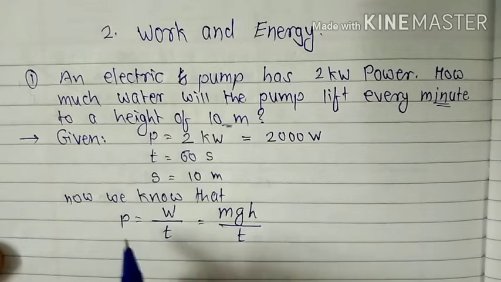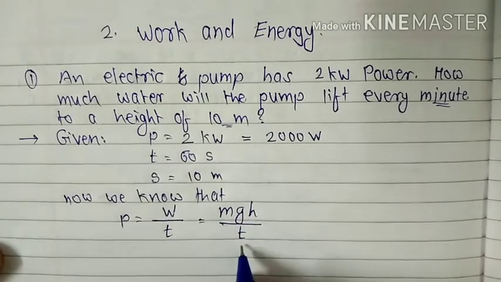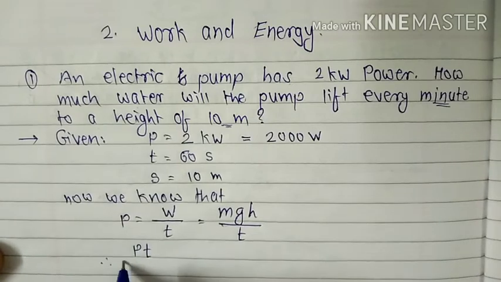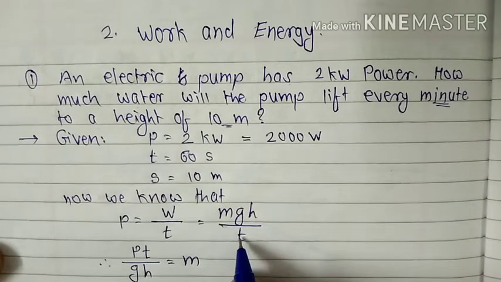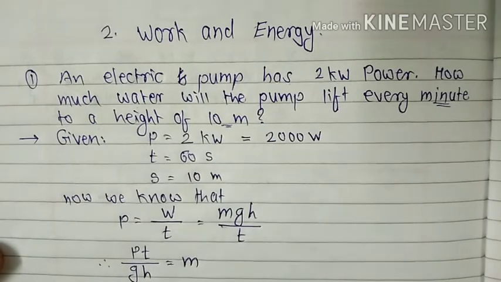So our formula becomes P is equal to mgh upon t. इसको थोड़ा सा रीअरेंज करते हैं. Therefore can I write pt upon gh is equal to m. देखो t डिवाइड था, यहाँ पे मल्टीप्लाई हुए, gh मल्टीप्लाई थे, यहाँ पे डिवाइड हो गए.